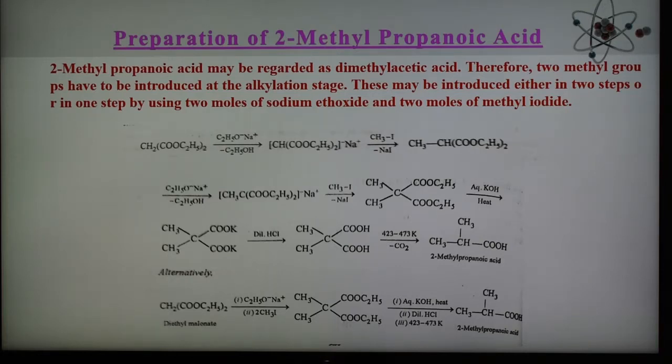Acetic acid has the formula CH3COOH, and 2 hydrogens are replaced by CH3, methyl groups. So it is regarded as dimethyl acetic acid. Therefore 2 methyl groups have to be introduced at the alkylation stage. These may be introduced either in 1 step or in 2 steps with sodium ethoxide and 2 molecules of methyl iodide. So this is the reaction shown in this case.